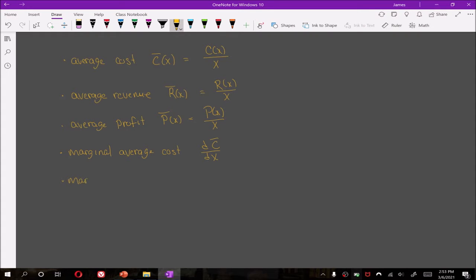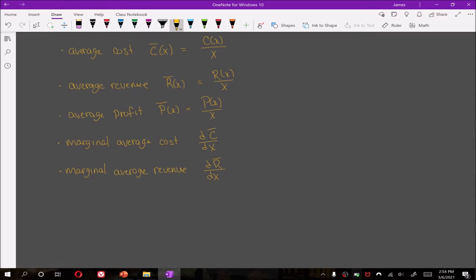We also have a marginal average revenue, which is just the derivative of average revenue with respect to x. And we can also have marginal average profit, which is the derivative of average profit with respect to x.